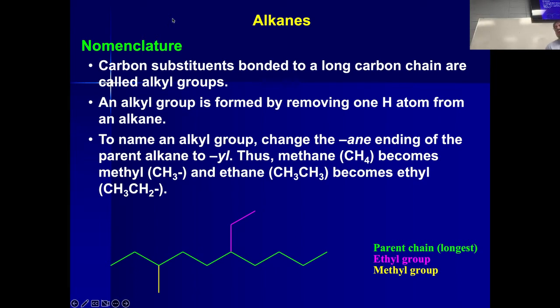The piece in purple, how many carbons is that? 2. So it's an ethyl group. And the yellow one? 1. It's a methyl group. So this is an ethyl-methyl decane of some type. Okay? Notice we haven't started putting numbers yet. You don't really know where the ethyl is in terms of how I'm telling you, but we've got to figure that out as well, right? Okay?